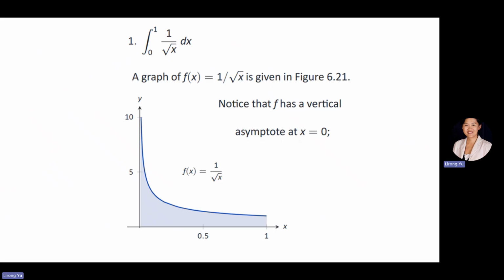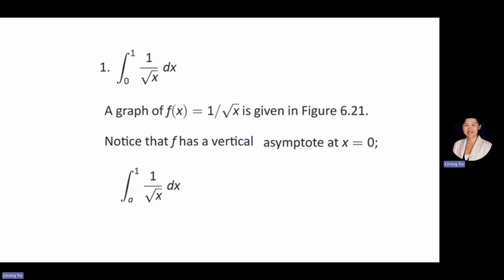The height of the curve is going to be, okay, that's going to be a problem. So how do we do it? We're still going to do the same thing. We don't calculate 0 to 1 because we know 0 is a problem. So we calculate a to 1, and we find a formula for this. And then if you've got a formula for this calculation, you make a go to 0, and then we'll find the final answer to the integration.